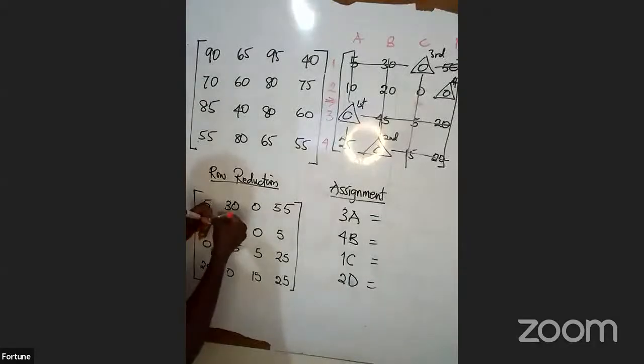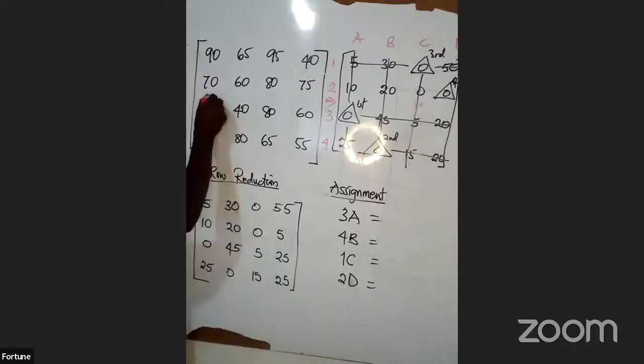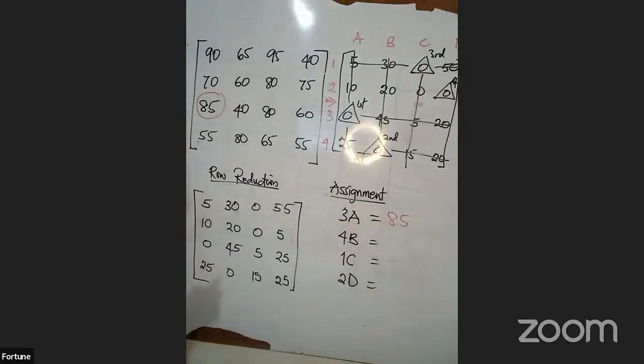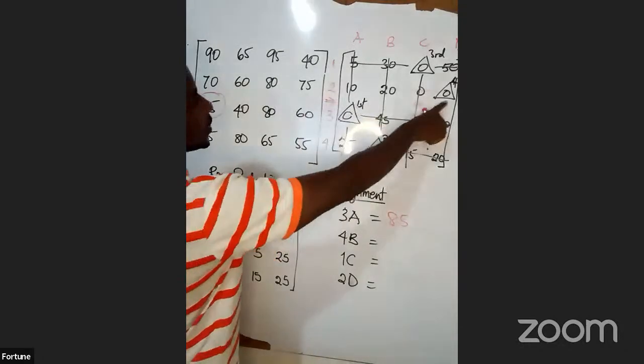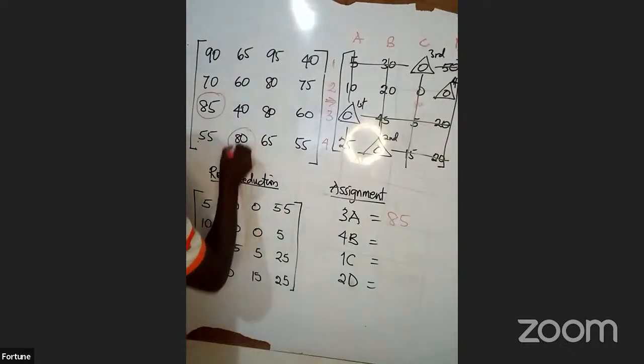In fact, we can even compare. You see that what was the first? Third first, so it was here. So this is 85. What was the second? Our second was 4B, which is here, is 80.